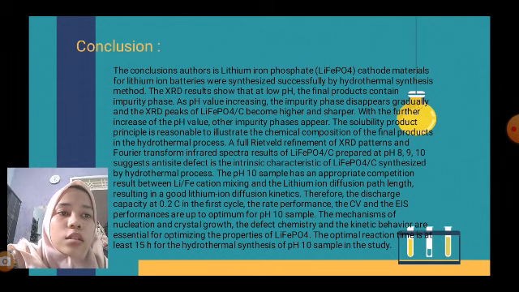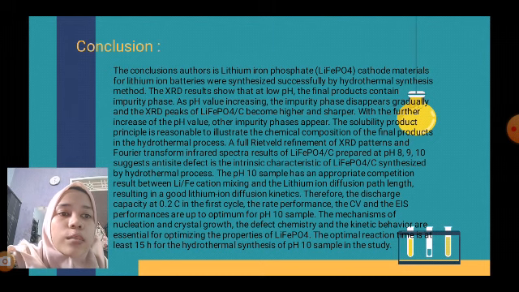Therefore, the discharge capacity at 0.2 C in the first cycle, the rate performance, the CV and the EIS performance are up to optimum for the pH 10 sample.